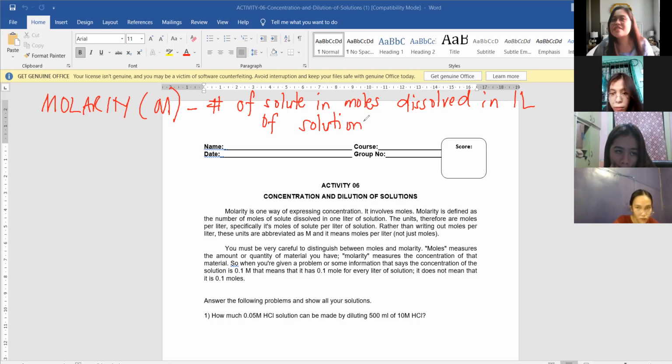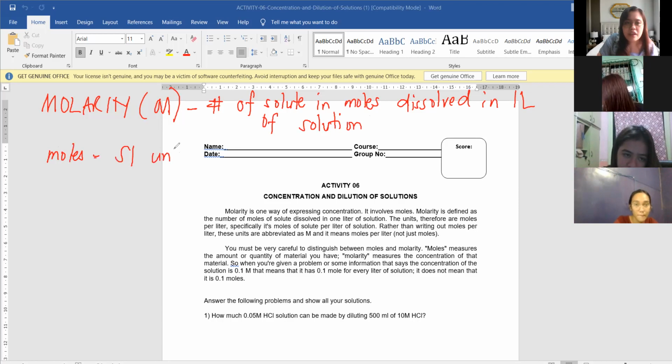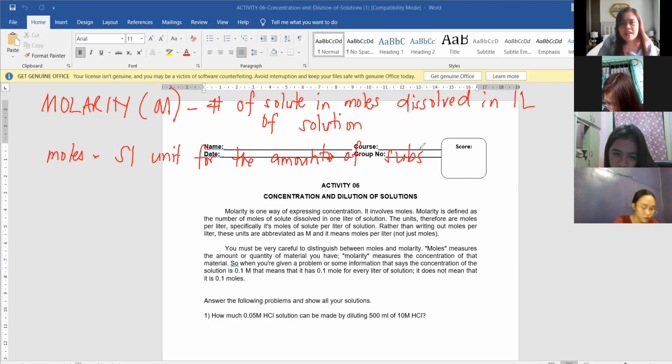So when we had our discussion with the measurement, actually, na-touch natin yung moles doon. And pag sinabing moles class, this is our SI unit for the amount of substance. Again, the moles class is defined, is actually the SI unit for the amount of substance or substances.